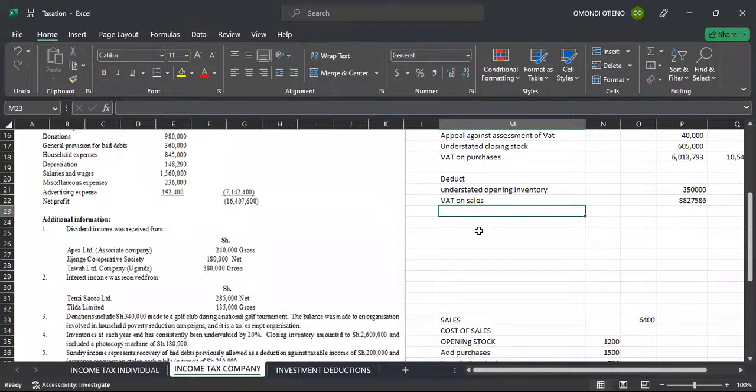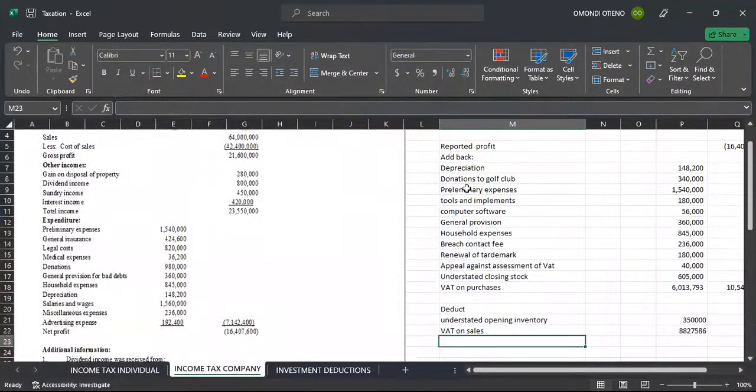Okay, so for those who are asking me how to treat the photocopying machine yesterday, they were saying that we are supposed to add it up here. So whatever you are adding up here was placed as an expense. It reduced the profits.